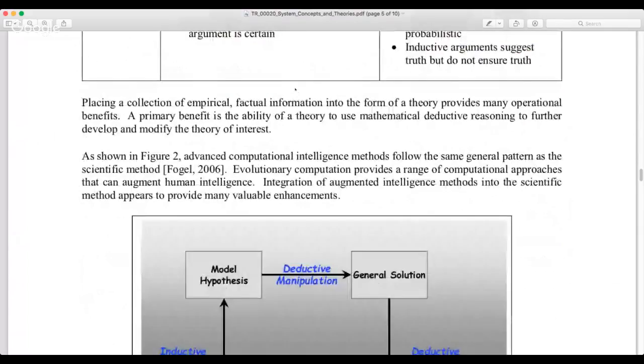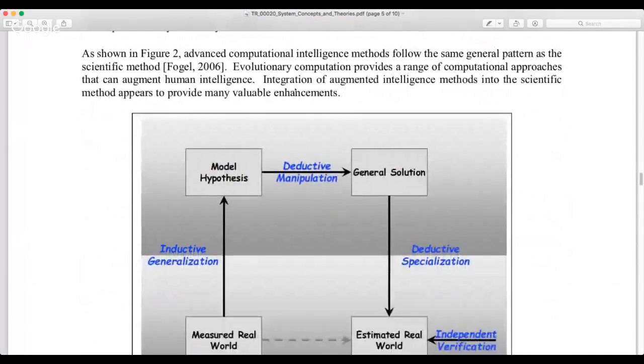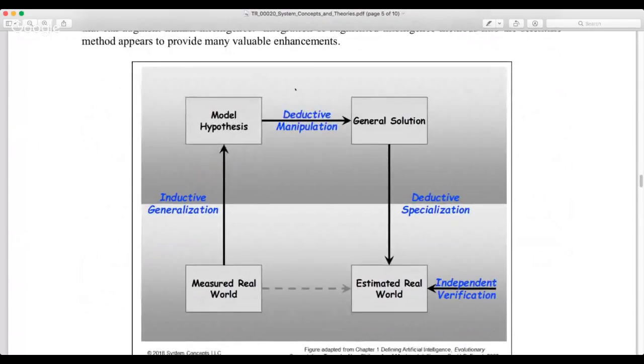So, as I talked about here, we need to decide where we're going to inject computational capabilities, and this is just a chart from Fogel, evolutionary computation. Unlike deductive reasoning, mostly what we have here can, of course, have deductive, but manipulation from the model hypothesis to the general solution.